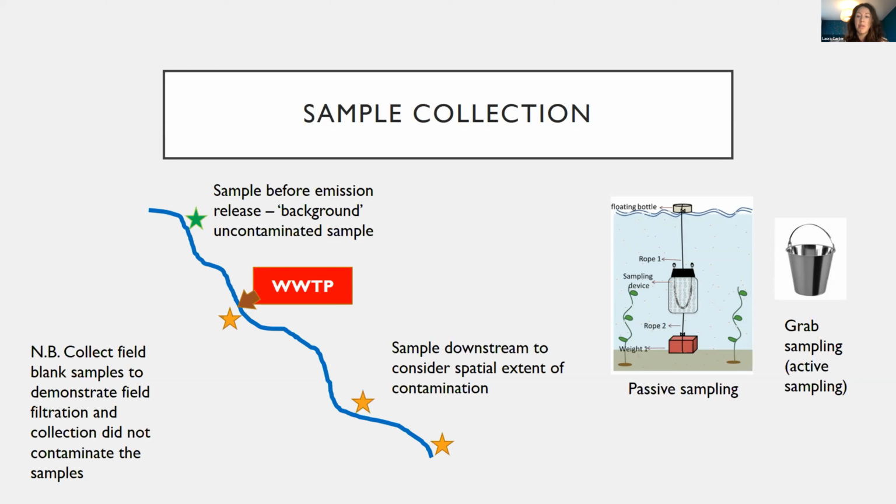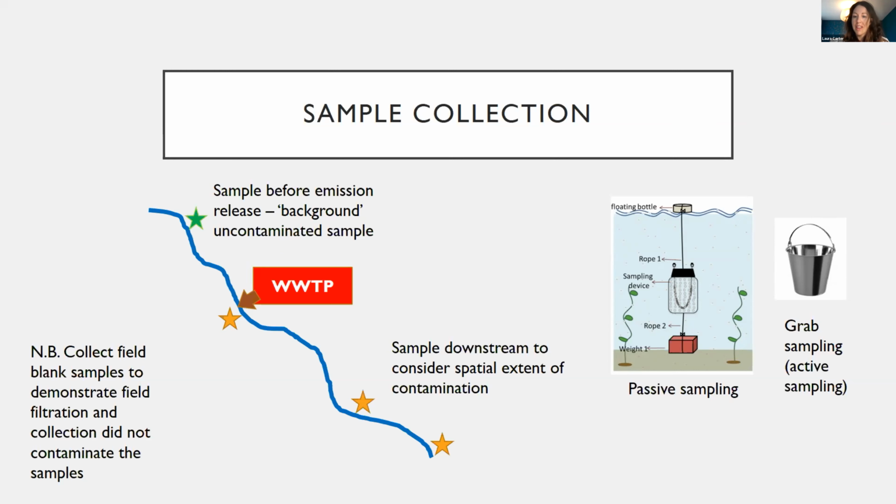What you really want to do is compare your sample to a pristine site, typically upstream. This is where you would have a sample that's free from contamination, used as a background.